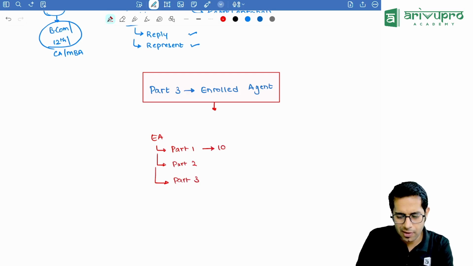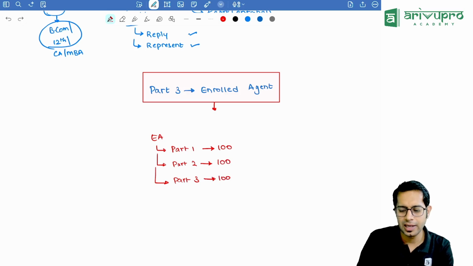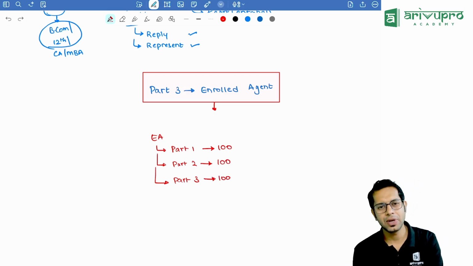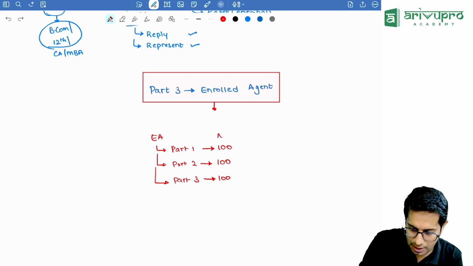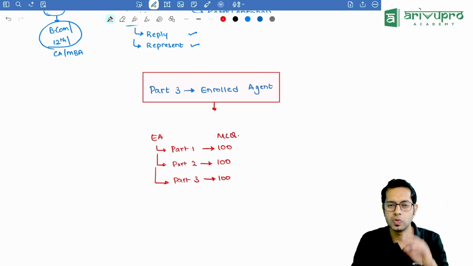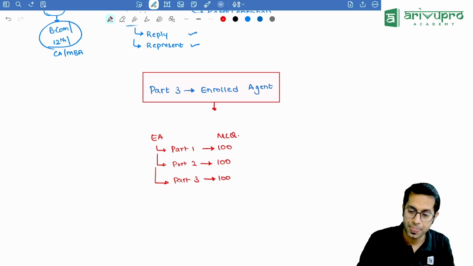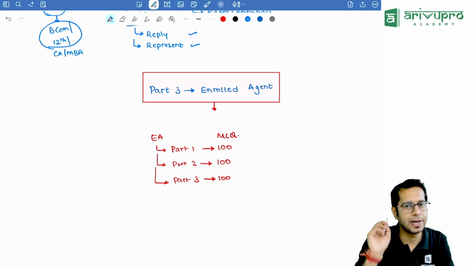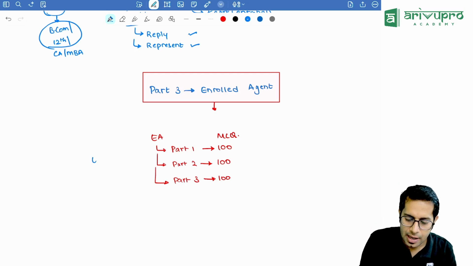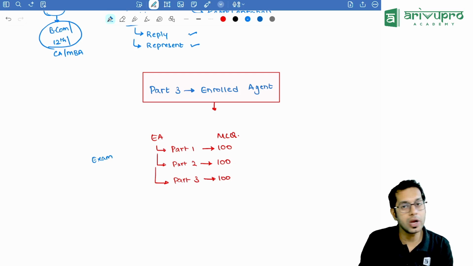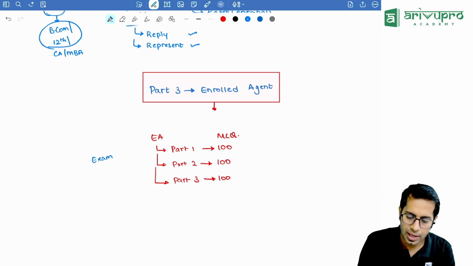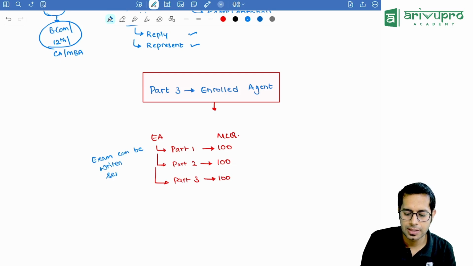All the 3 parts are for 100 marks, in the sense that your examination will have 100 MCQs in each part. And each part can be written separately. You don't have to write it together. The exam can be written separately by you.